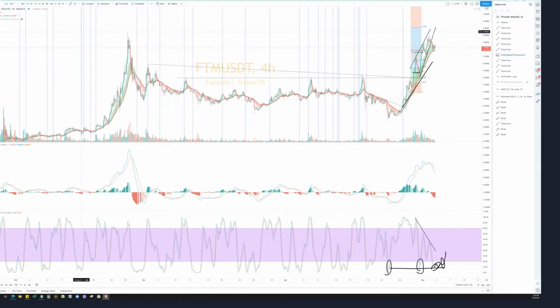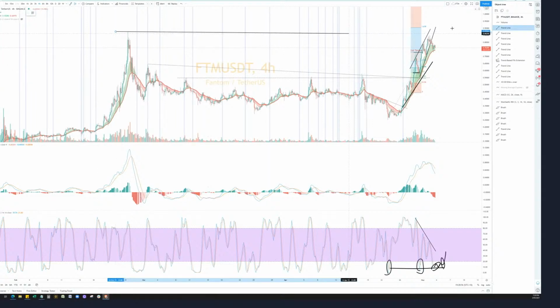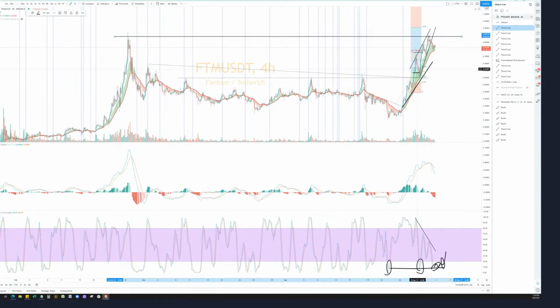Now, why did FTM drop? Well, can you guess? That was the other reason I was interested in selling. Double top as it approached the all-time high.